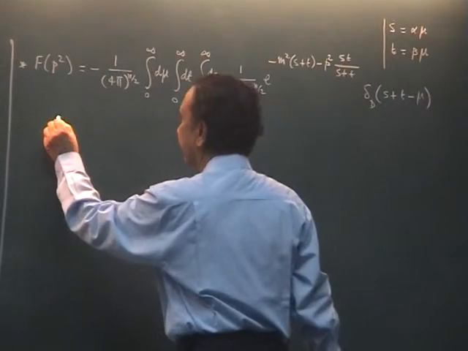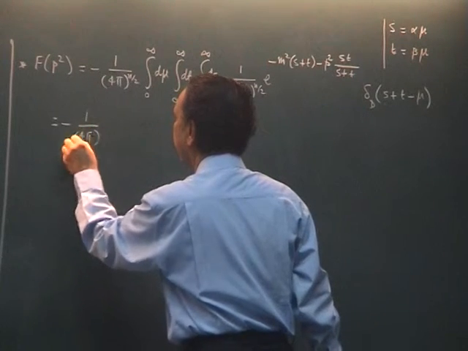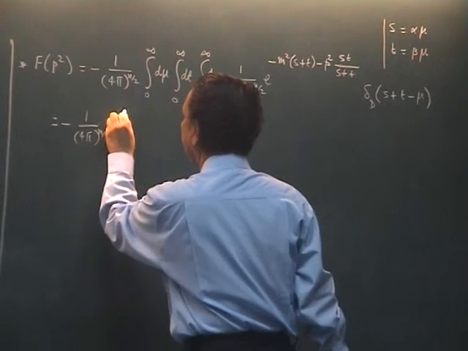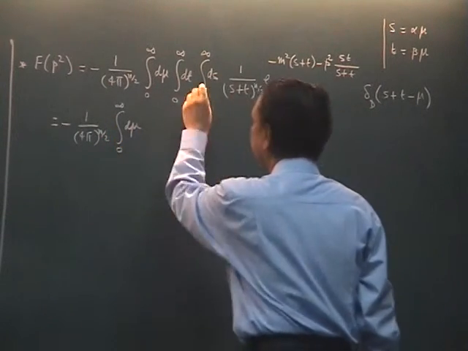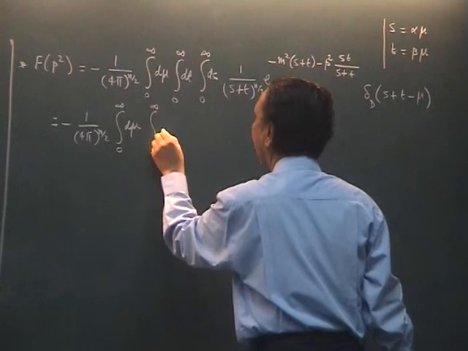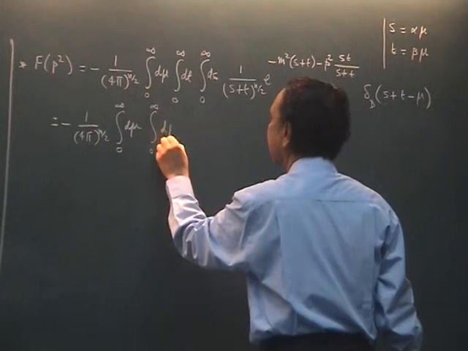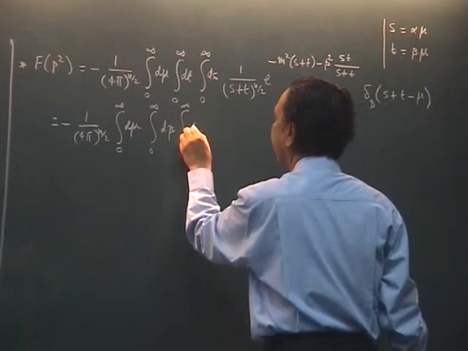So that will get us minus, again 1 upon 4 pi to the power n by 2, integral over mu. Then here I will have an integral over 0 to infinity of d alpha. Okay, t is beta, so d beta, integral 0 to infinity d alpha.